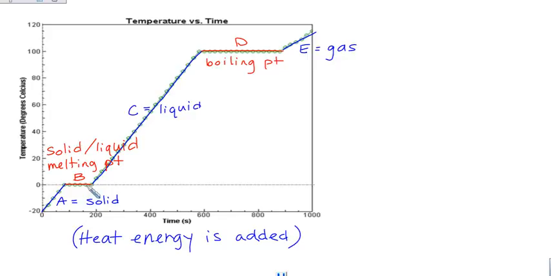Same thing happens up at the boiling point. At the boiling point, you will literally see in the lab both liquid and gas. If I watch a sample of water boil, which is kind of boring, there are both phases present.